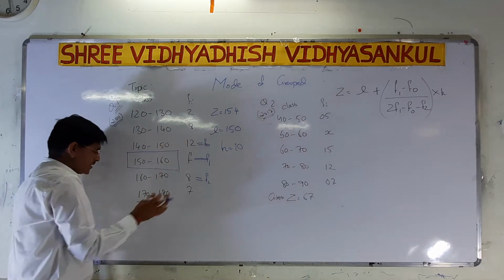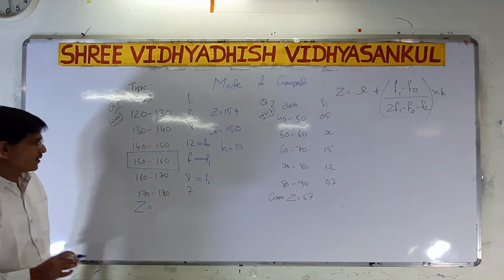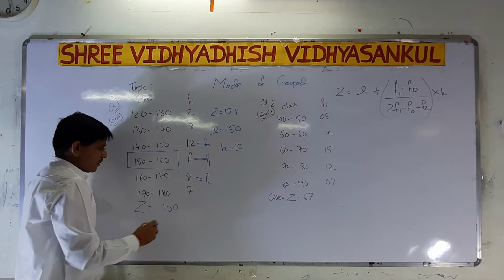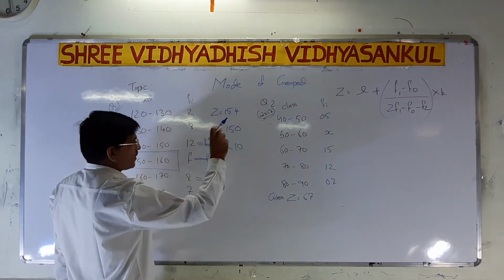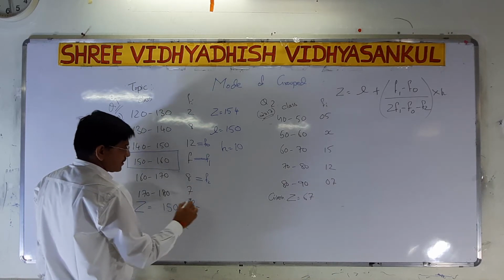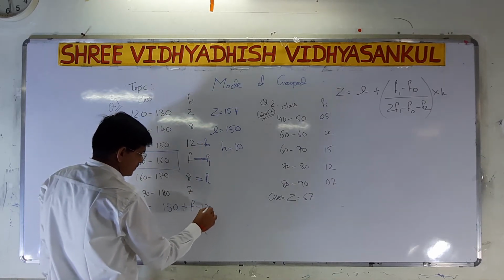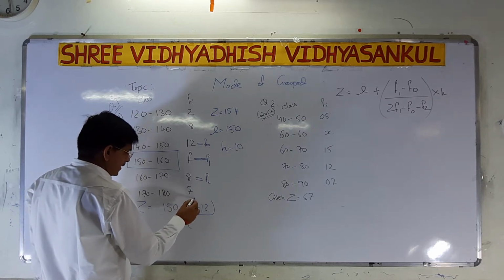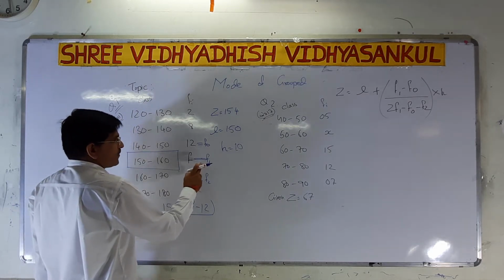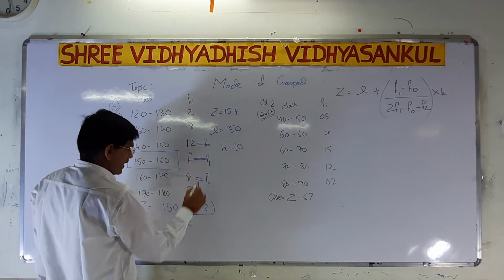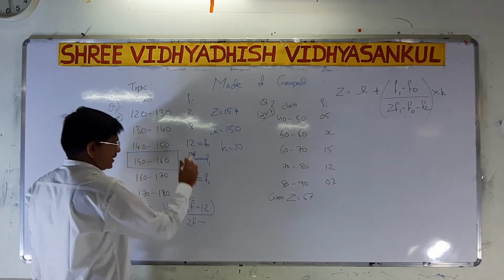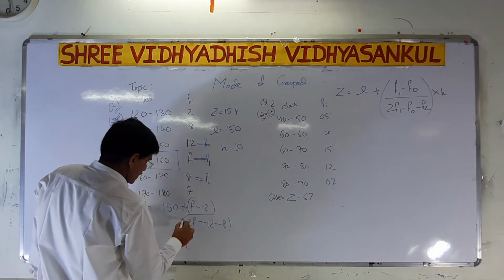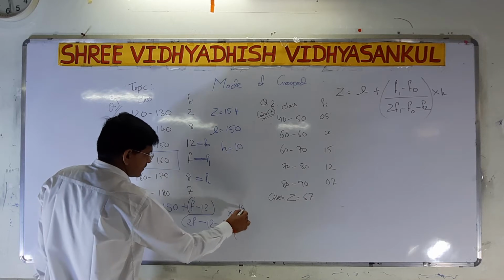Z is equal to 150, because that is L, plus F1, that is F, minus F0, that is 12, divided by twice F1, that is 2F, minus F0, that is 12, minus F2, that is 8, into height H, that is 10.